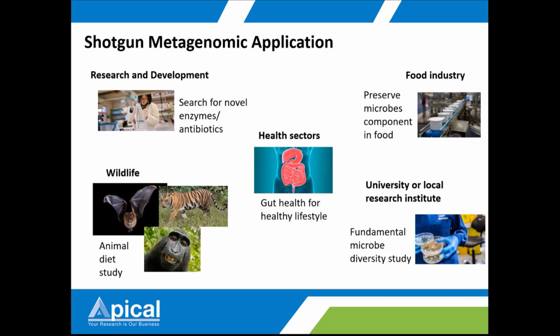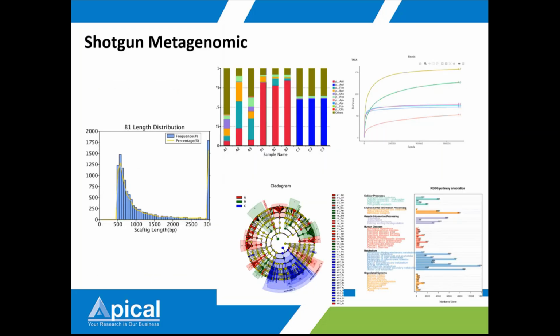All right. Okay, so for shotgun metagenomics, what can you get from this data? From the sequences that you process and assemble, you will get what is called a scaffold of the assembly.